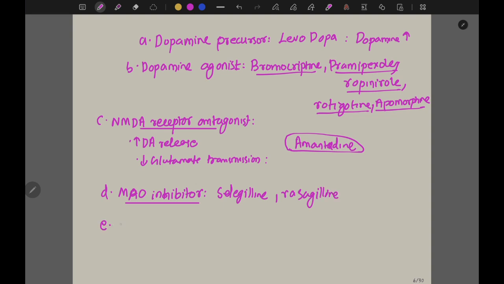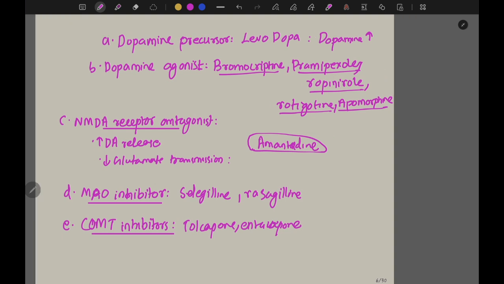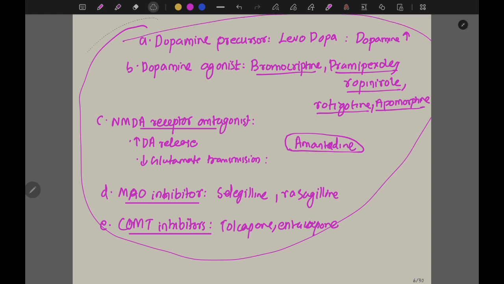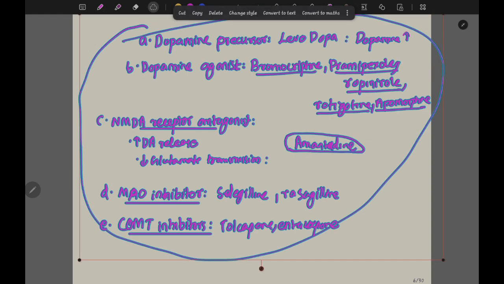The next group of drugs is the COMT inhibitors. They decrease the metabolism of levodopa, and they include tolcapone and entacapone. These are the drugs which increase the dopaminergic activity.